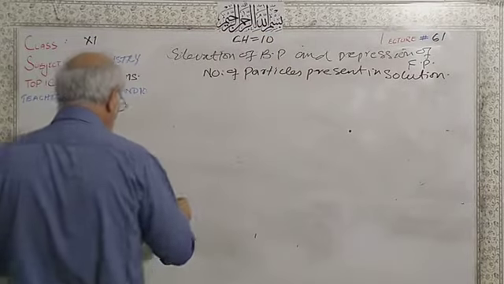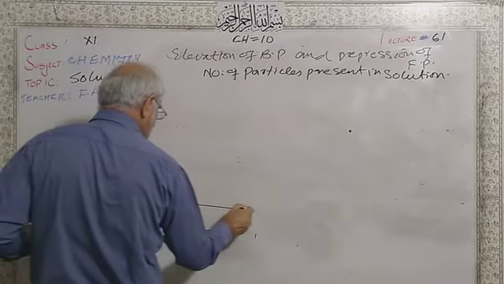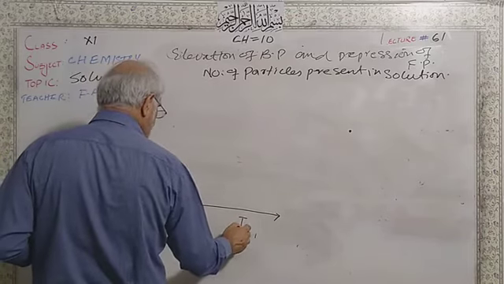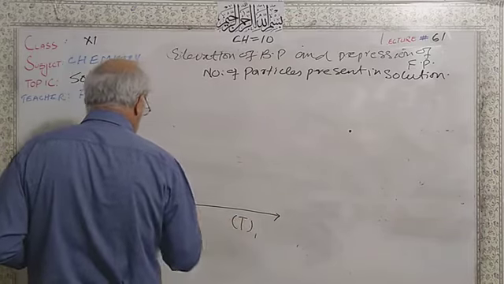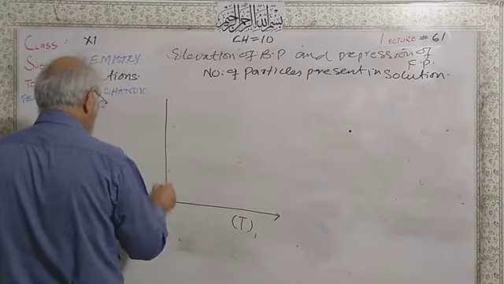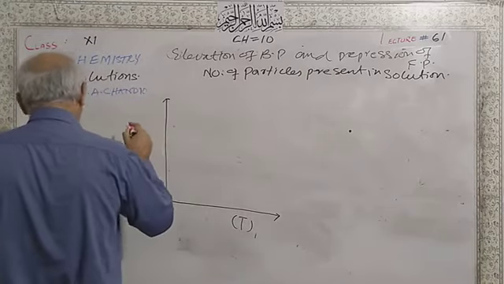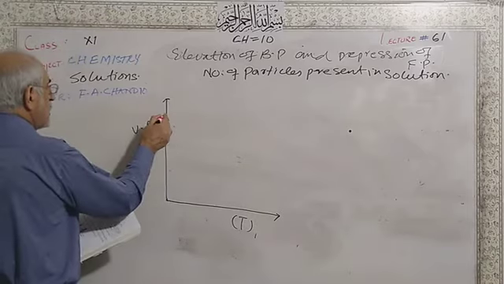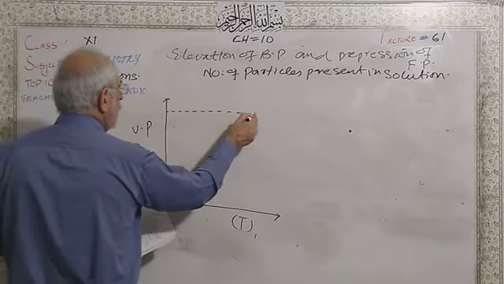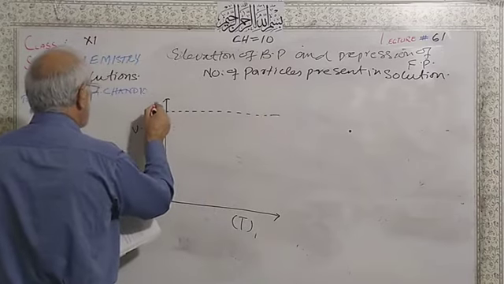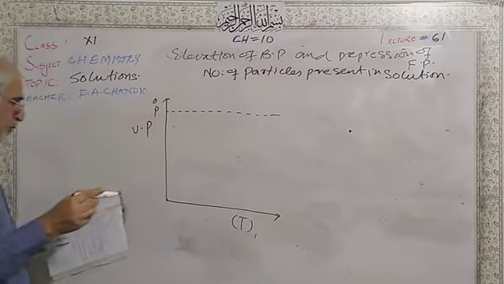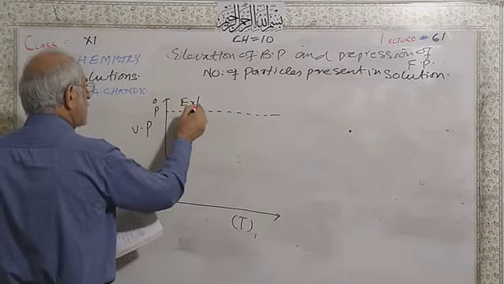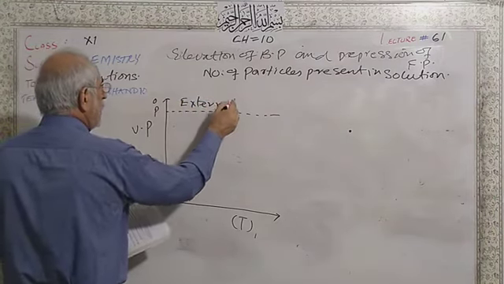So this is the x-axis, we have temperature T, and this is the y-axis, and here we use the vapor pressure. So this is P naught, the vapor pressure of the pure solvent, and this is the external pressure.